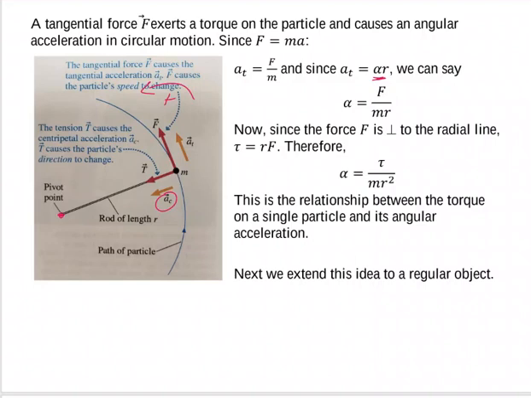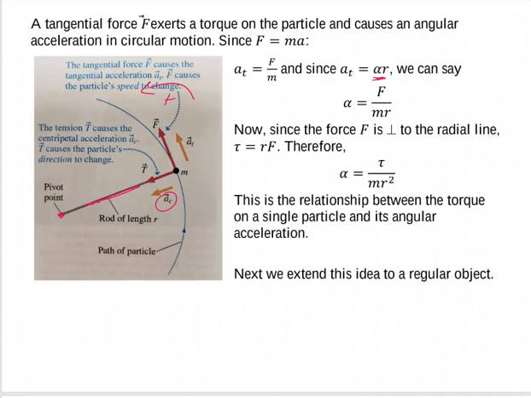The radial line is along the bar, and our force is perpendicular to that. So tau equals r, the radius of the bar, times F, which is the applied force to the mass. So that means alpha equals tau over m r squared.